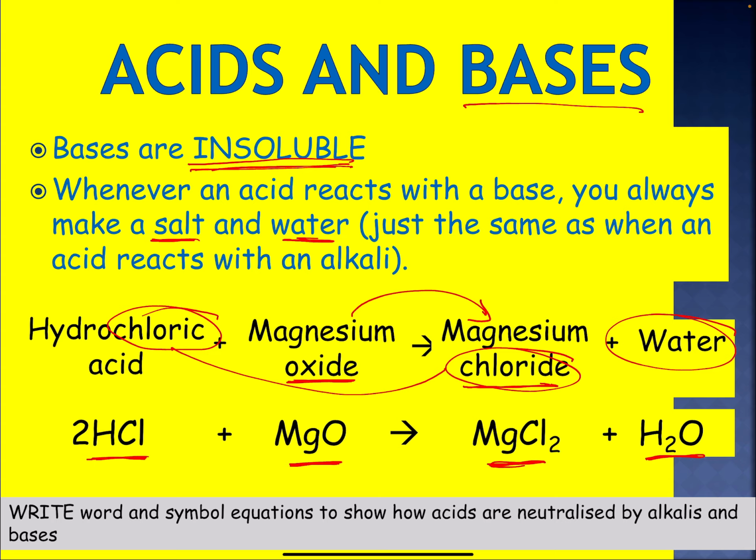So I hope you can see the difference between acid and alkalis, and yet they both produce salt and water. And the other key thing is, I hope you can now name the salt, or if the examiner gives you the name of the salt, you can name the acid or the alkali or the base used.